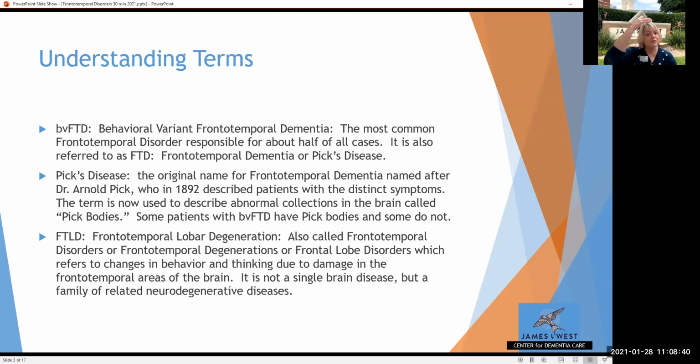They are another type of foreign body on the brain. Some people who have the behavioral variant FTD have Pick bodies, and some don't. Where they used to say that everything that was Pick's disease was FTD, now they know, and they find this out at autopsy, whether or not there were Pick bodies on the brain.